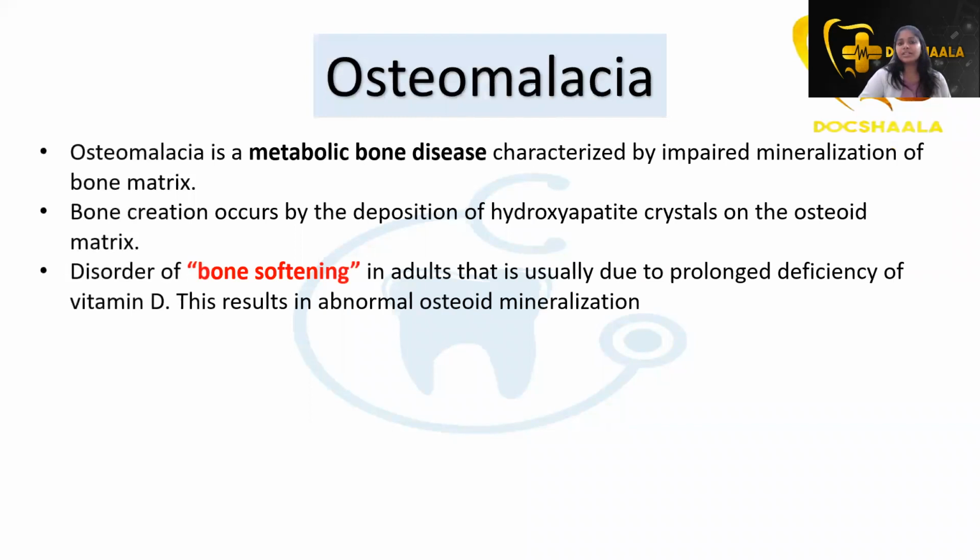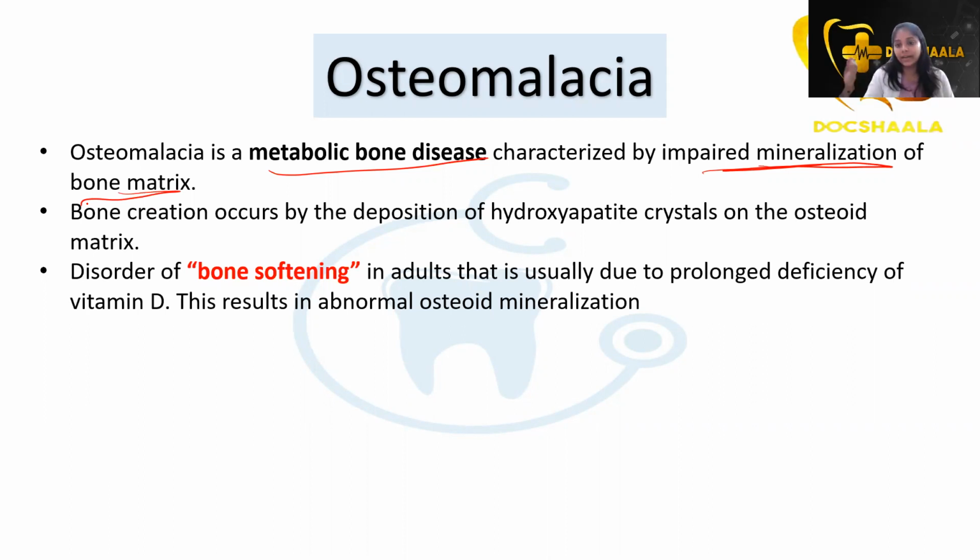So what is osteomalacia? It is nothing but a metabolic bone disorder which is characterized by impaired mineralization of the bone matrix. Impaired mineralization of bone matrix results in osteomalacia. How does bone formation occur? It is by deposition of hydroxyapatite crystals on the osteoid bone matrix.